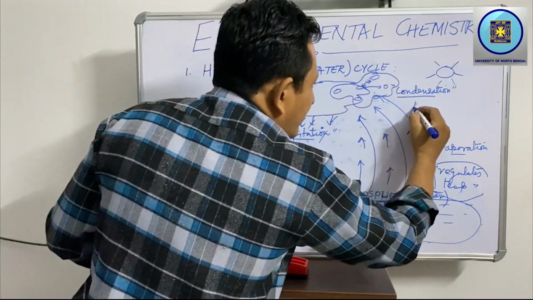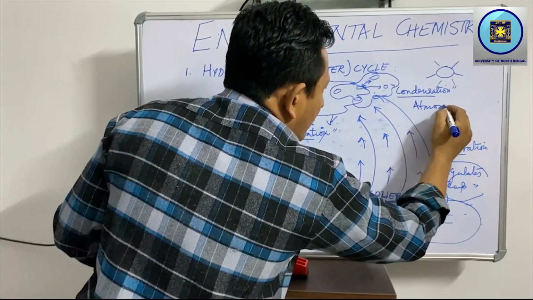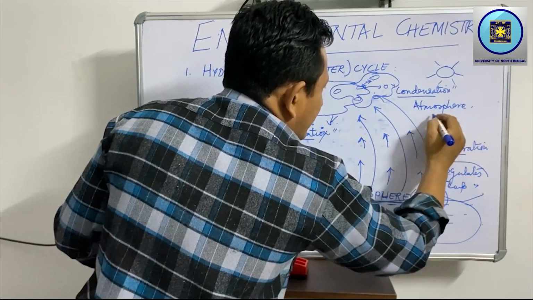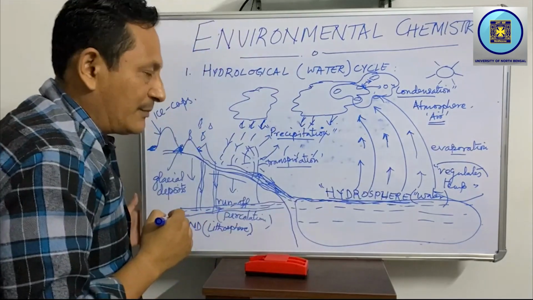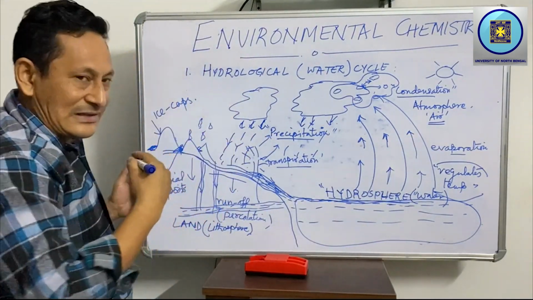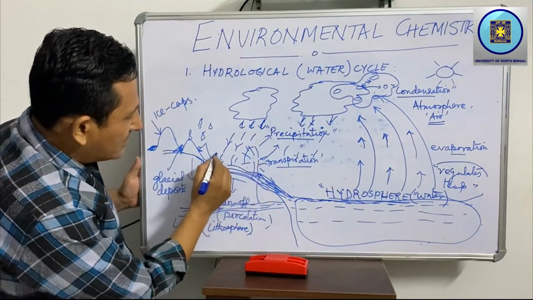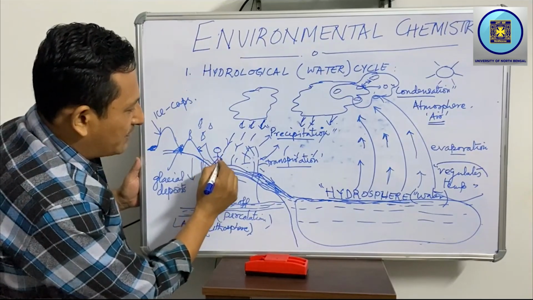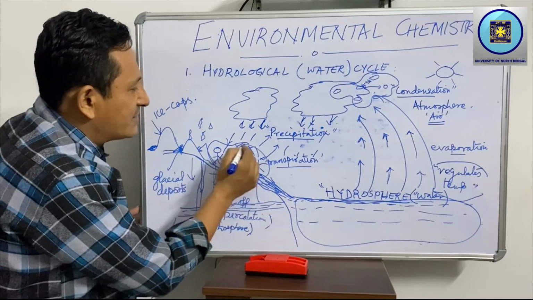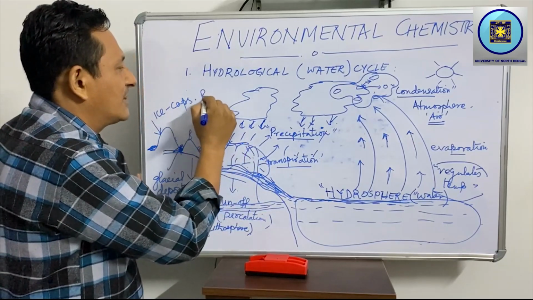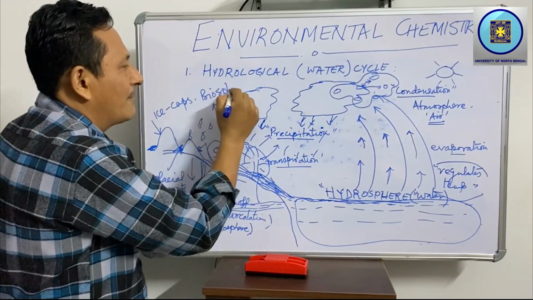The atmosphere, or air, is the third subsystem. And the fourth and very important one is us: the plants, we human beings, animals, whatever living organisms are there. This is the biosphere.